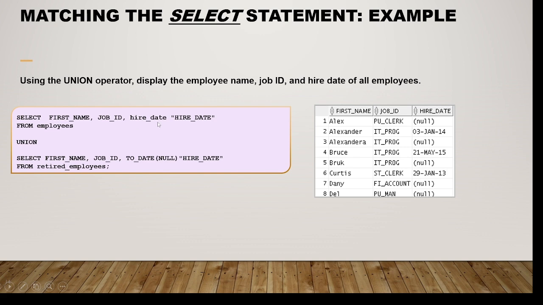So in the result, each row in the output that corresponds to a record from the retired employees table contains a null in the hire date column. So this is how we match the select statements in Oracle.